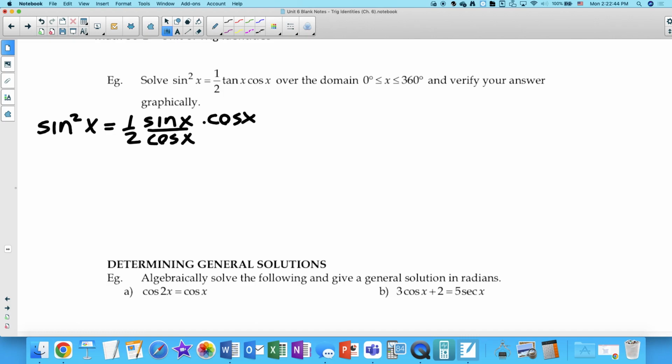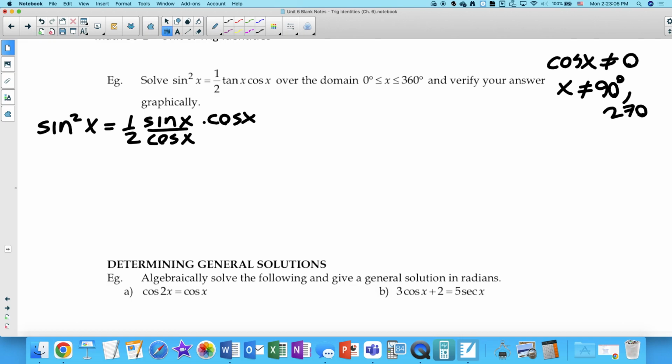The one difference is that in this case, we're not in radians, we're in degrees. So we're going to state our non-permissibles in terms of degrees. Cos x cannot equal 0, so x cannot equal 90 degrees or 270 degrees.